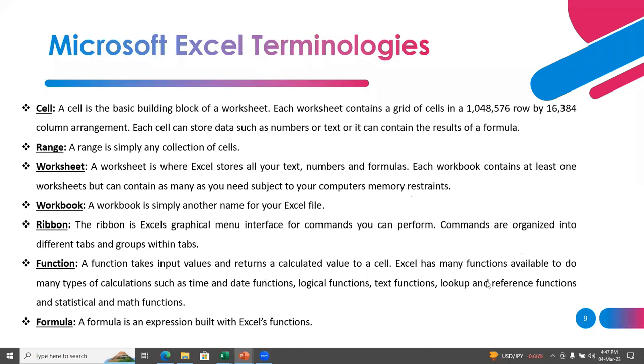Excel has many functions available, such as the date function, the logical function, the text, the lookup and reference function, the statistical, and the math function. Those are what they call Excel functions. Like the addition that we did earlier, it's an Excel function.